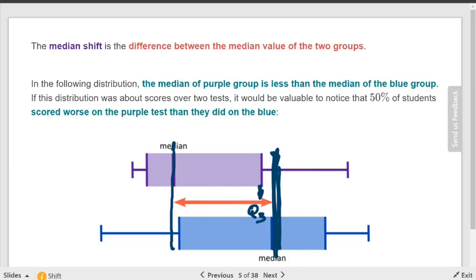Does that make sense? That makes it a shift. If the median was here, would it be a shift? No, because it's not a full 25% more. Okay? Now, there's a mathematical way to find it, and we're going to talk about that. And it doesn't involve much math. It involves counting. If you can count, you can do it. And we'll talk about that as well.